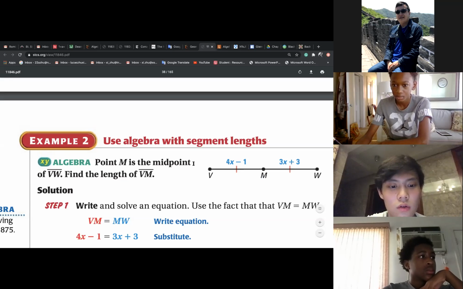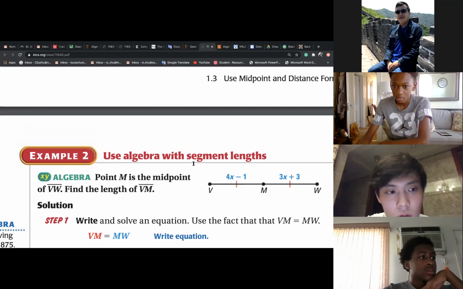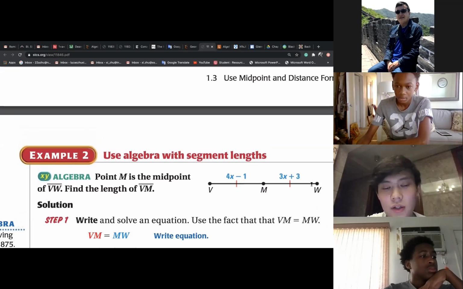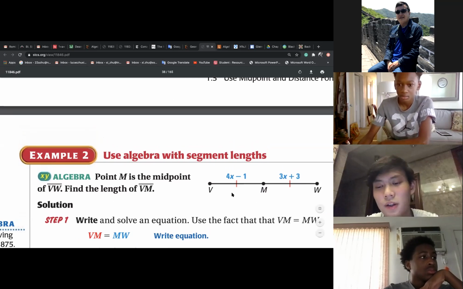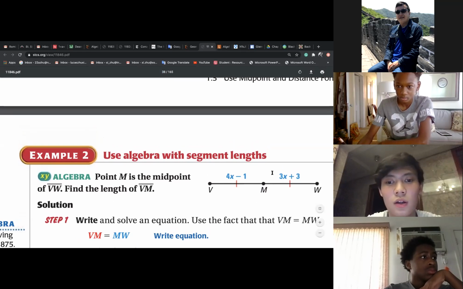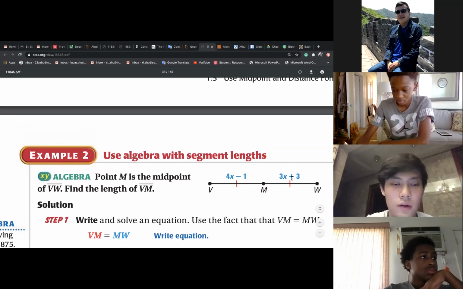Add them? Do you add them? But for now you don't know the entire distance, right? You don't have a certain number for that. You just know two variables. The first segment of the line is 4x minus 1, and the second segment is 3x plus 3, right?